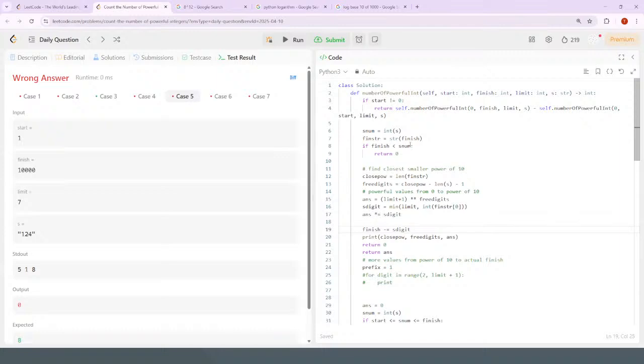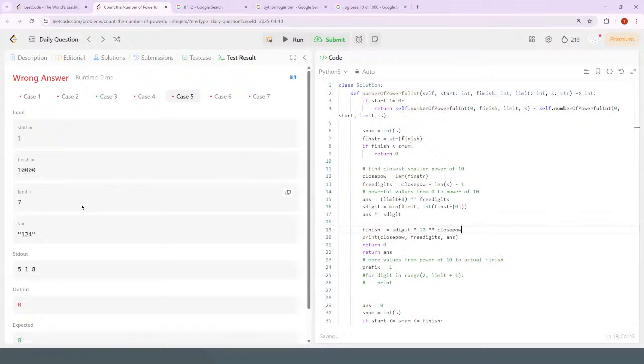Nah, probably not. So minus equals the s digit times your power of 10. It'd be 10 to the close power.